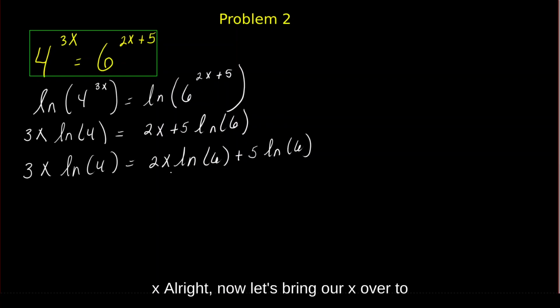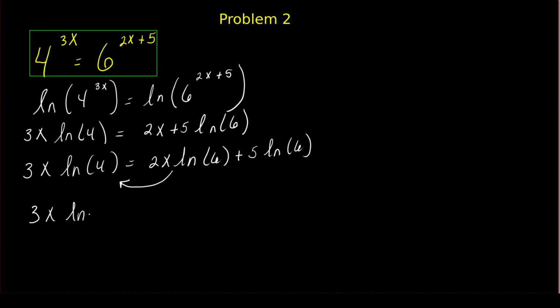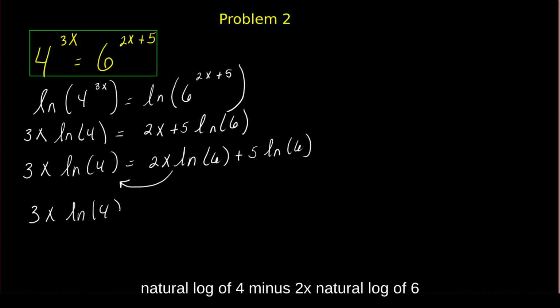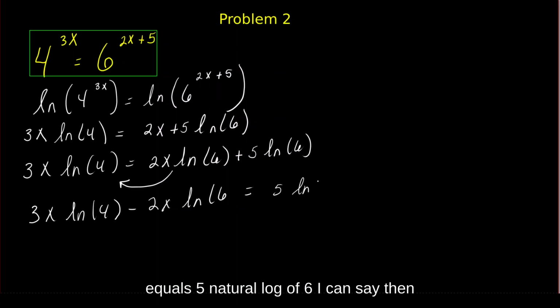All right, now let's bring our x over to the other side. So I have both my x's on the same side. So I would have 3x natural log of 4 minus 2x natural log of 6 equals 5 natural log of 6.